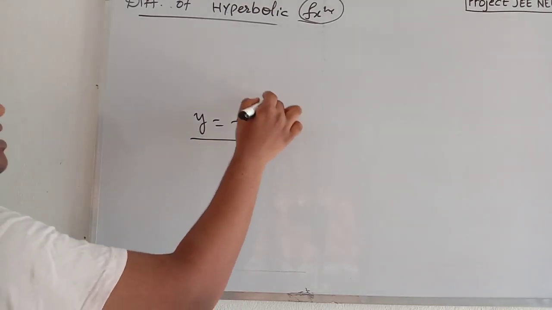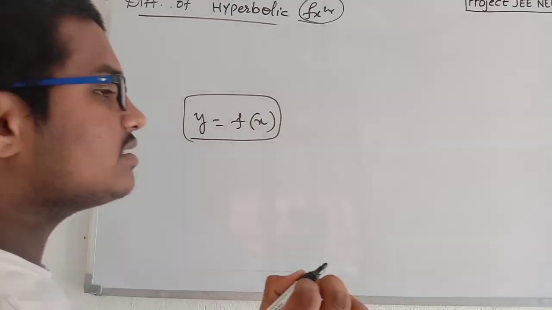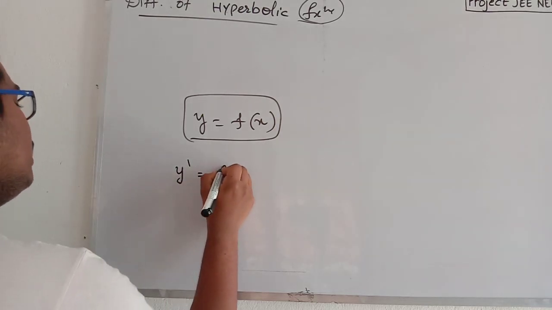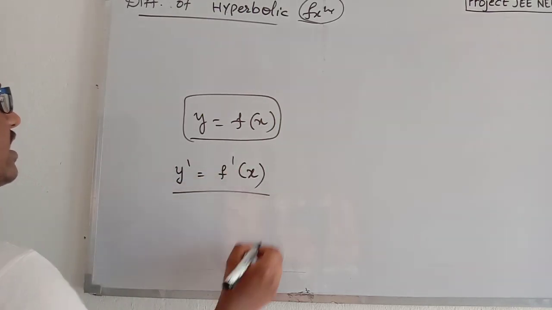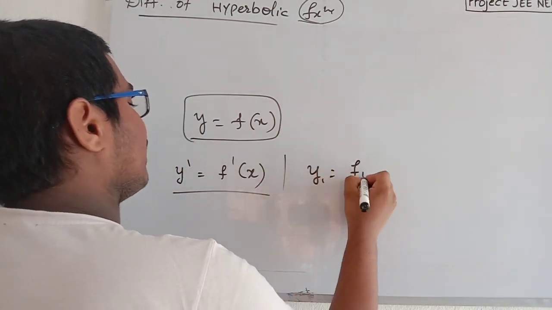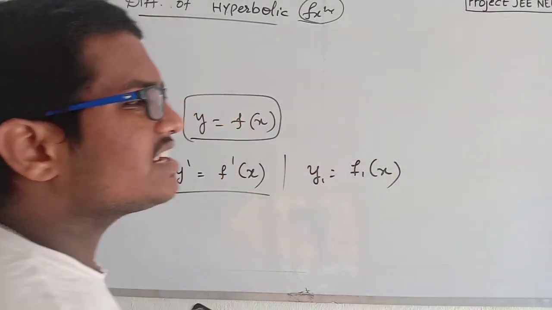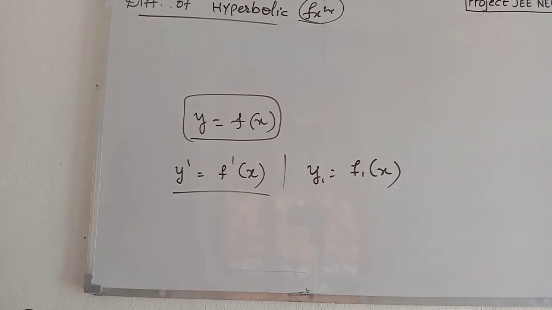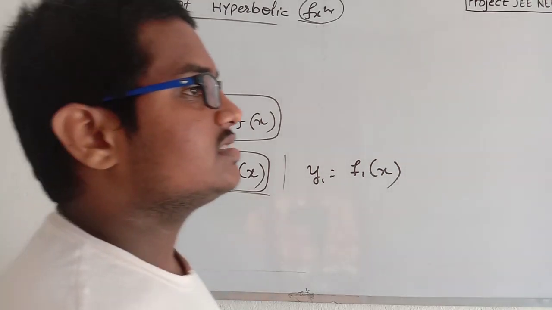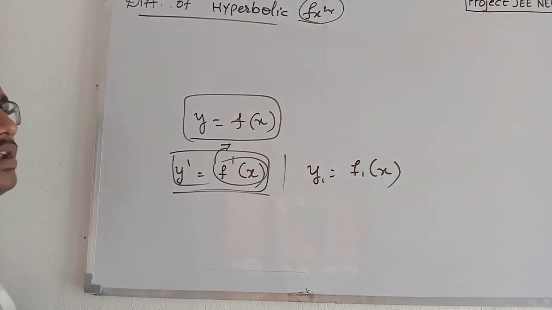If a function like this is given, then its derivative is indicated by y dash is equal to f dash of x. It's also indicated by a bar and some more representations, but this is the most common representation. y dash is equal to f dash of x indicates the derivative, the differentiation of the actual function.